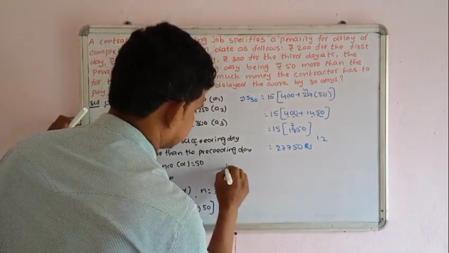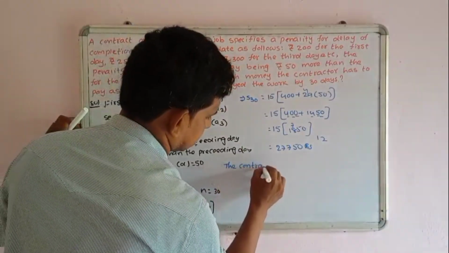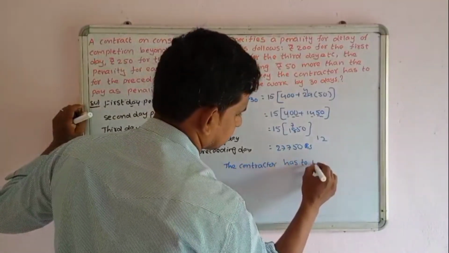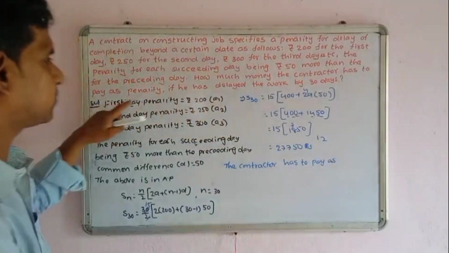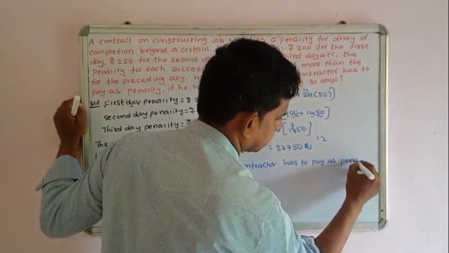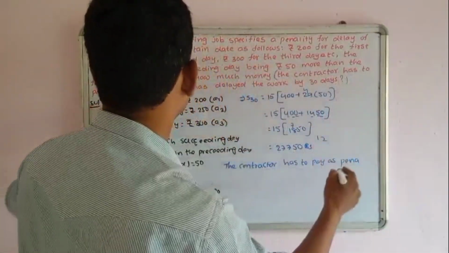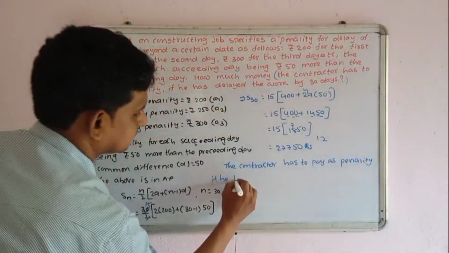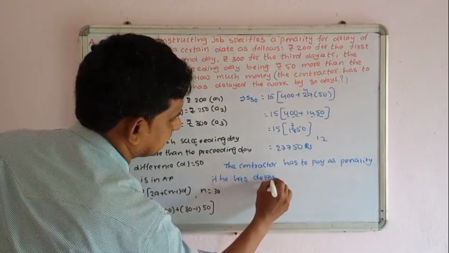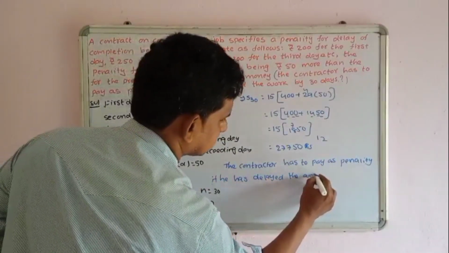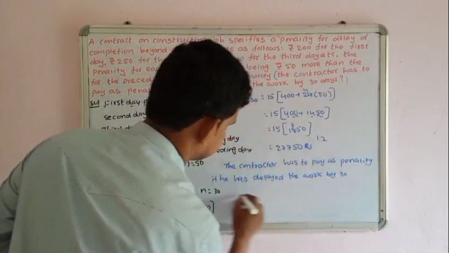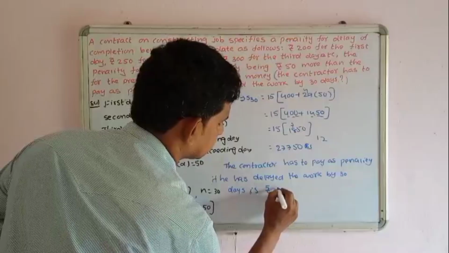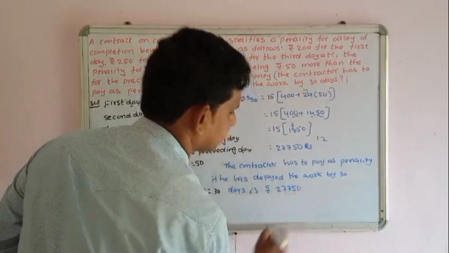So the penalty if he has delayed the work by 30 days equals rupees 27,750.